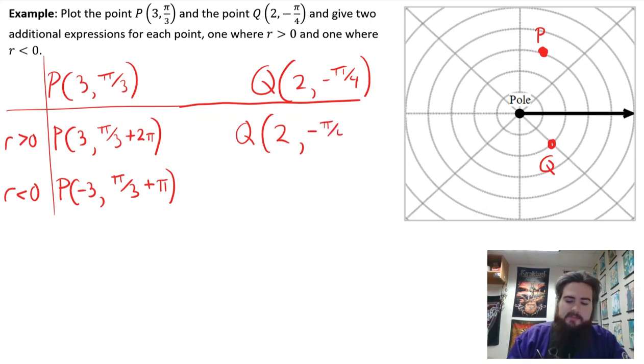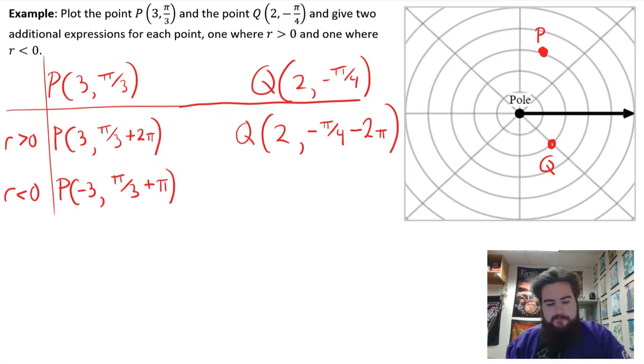So instead of negative pi over 4, we could add or subtract any number of 2 pi. Maybe I want to represent this by subtracting 2 pi, which would overall give me negative 9 pi over 4. That would still be okay.